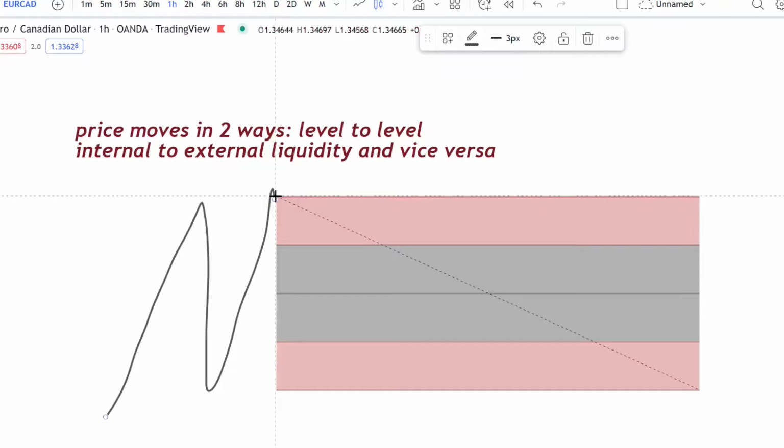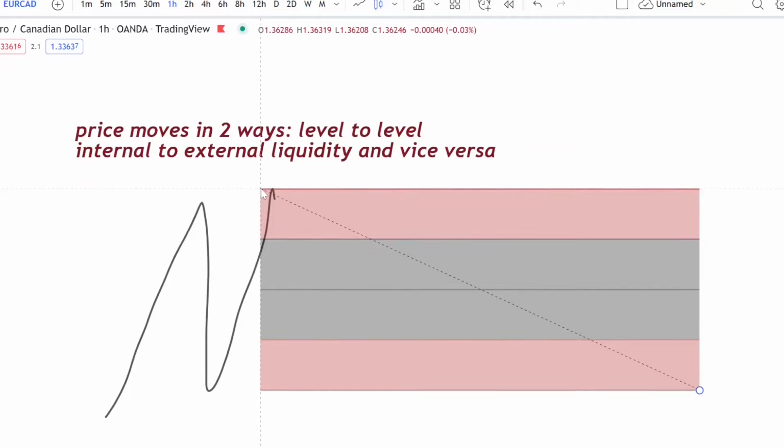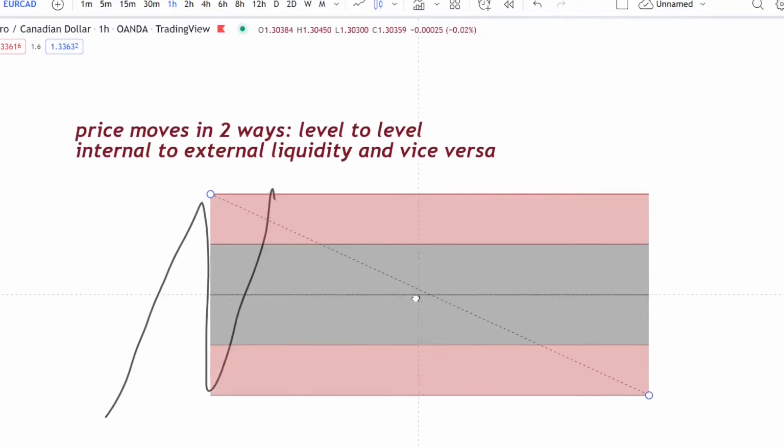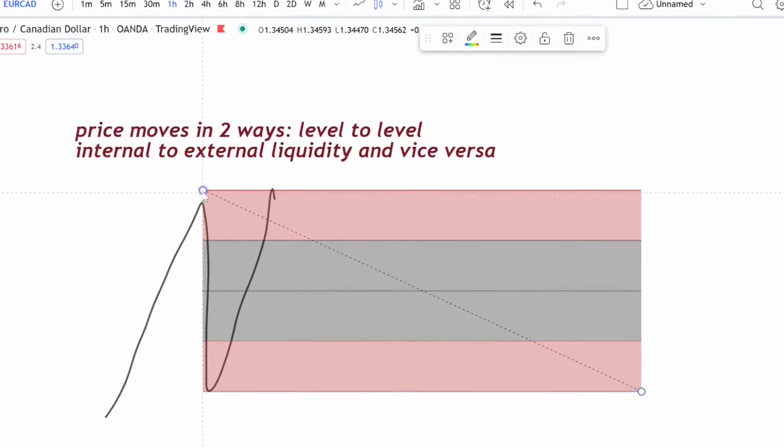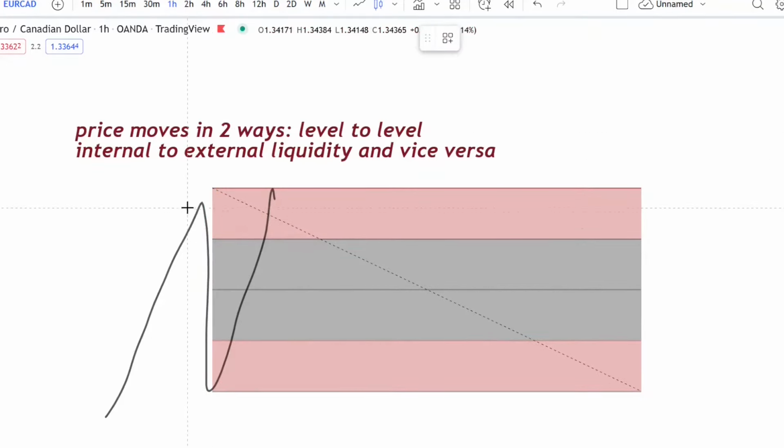And price came back into the range, and it closed below. So it locked our high. So this is our range.